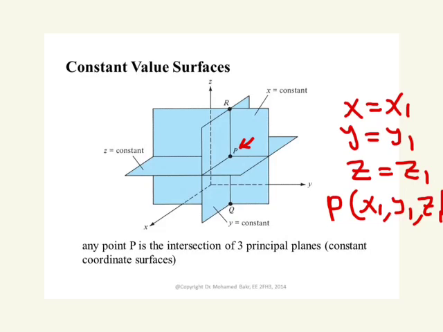For example, if you have a plane x equal to x1 and y equal to y1, this means that z can take any value. So the intersection of these two planes will give you a line parallel to the z-axis, and so on. So a point in general is defined by the intersection of three constant surfaces, and here for the Cartesian case, these surfaces are planes.